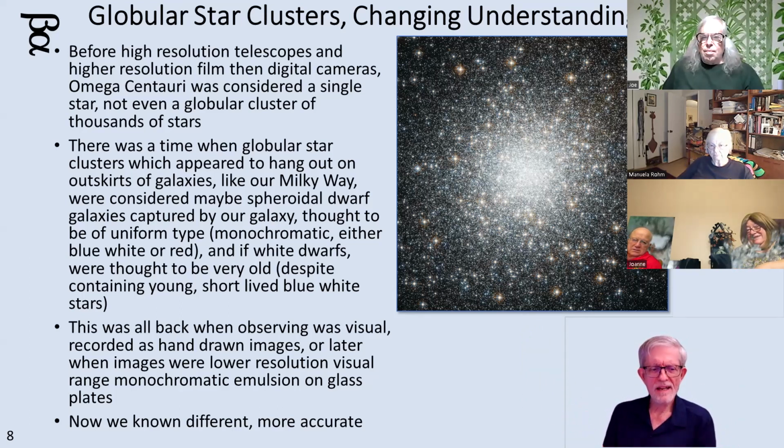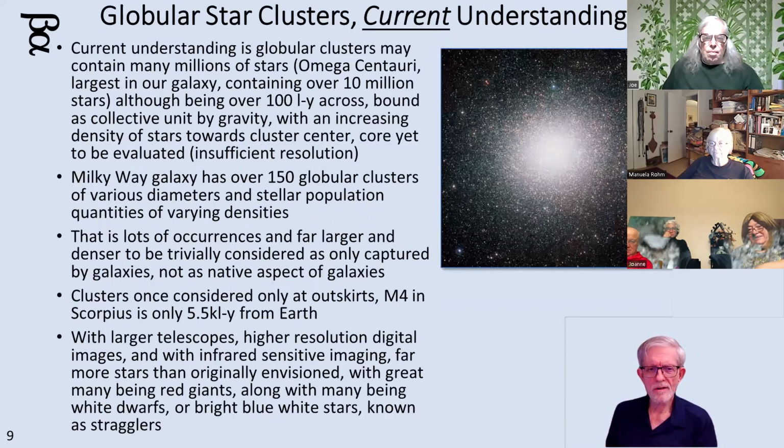Yeah, you might have believed that stuff back when we were doing visual observations or hand drawing things, but now that we're moving from monochromatic into color and higher resolution, we know more about this stuff, and some of those things are no longer what we think they were.